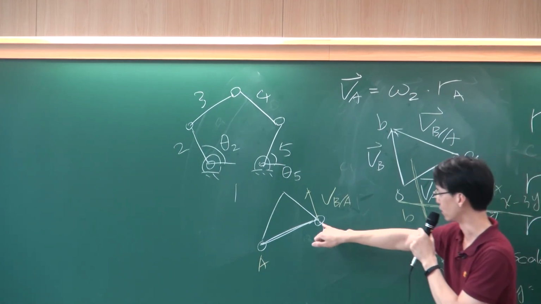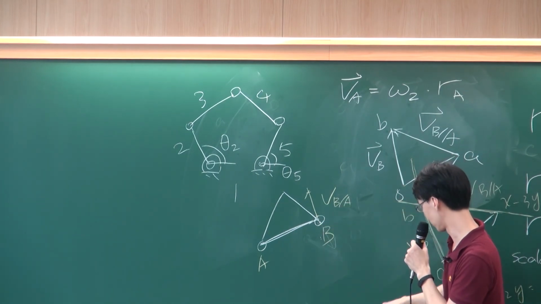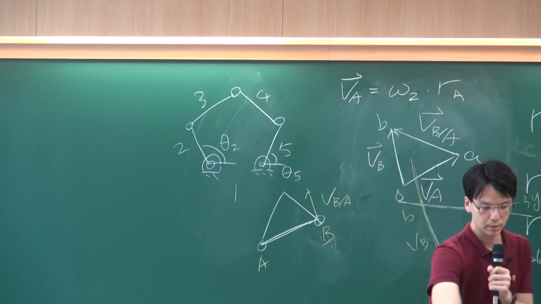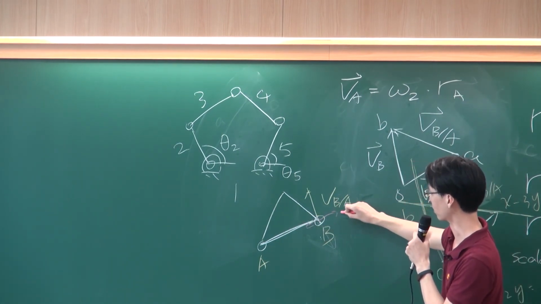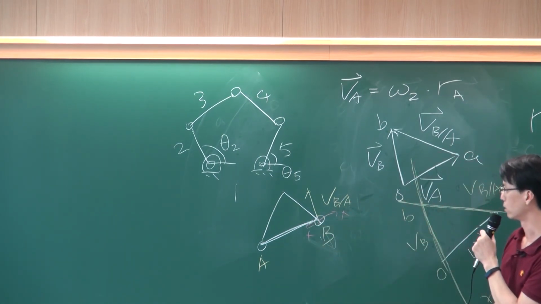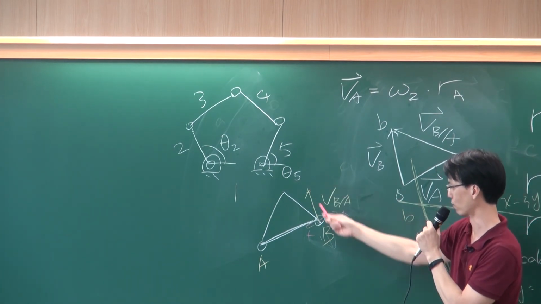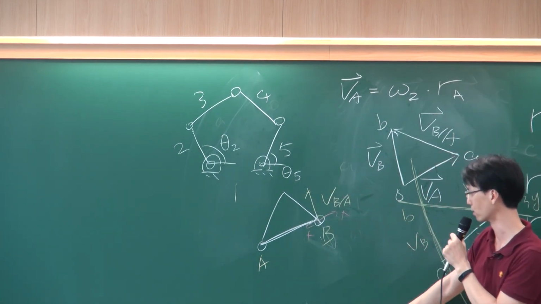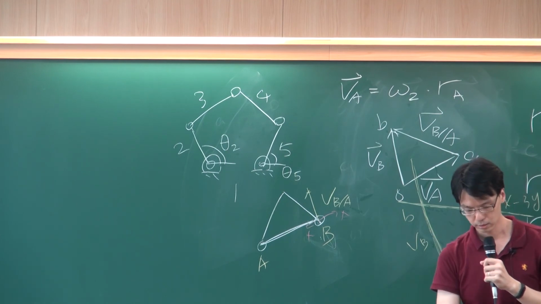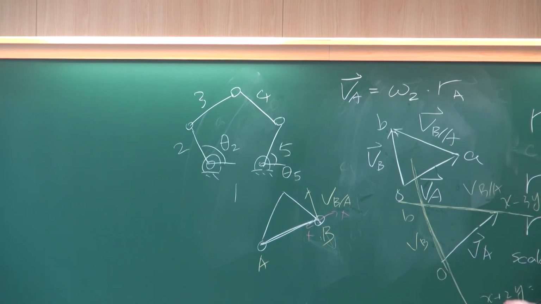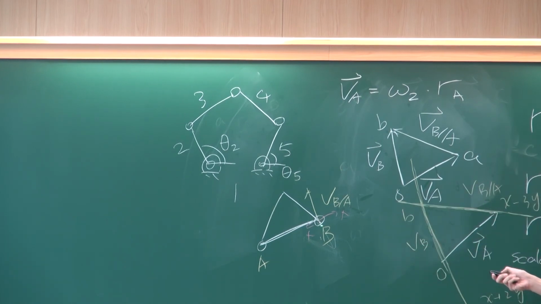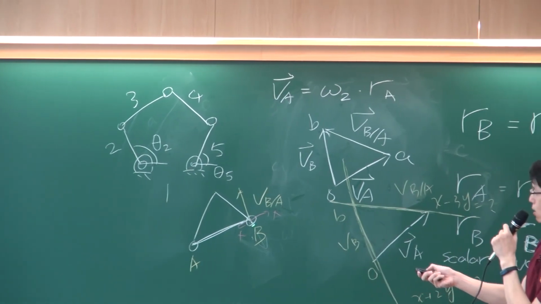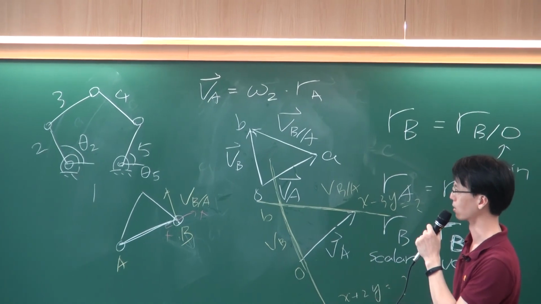But because this one is a rigid body, it cannot go this way or this way. The only way it can go is this way. It's rotating about point A, so it must be perpendicular to this AB line.